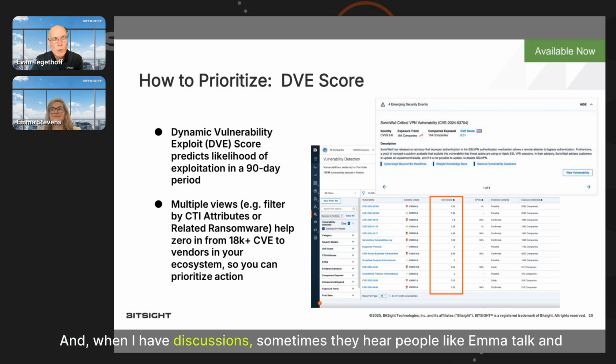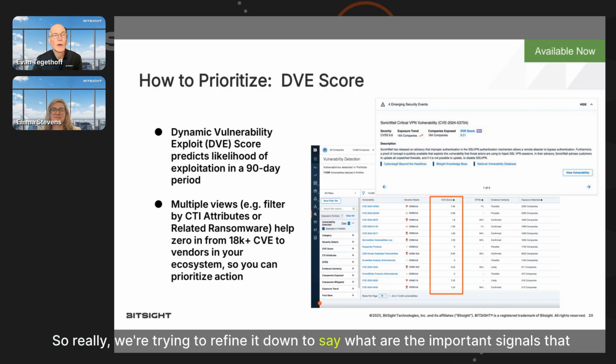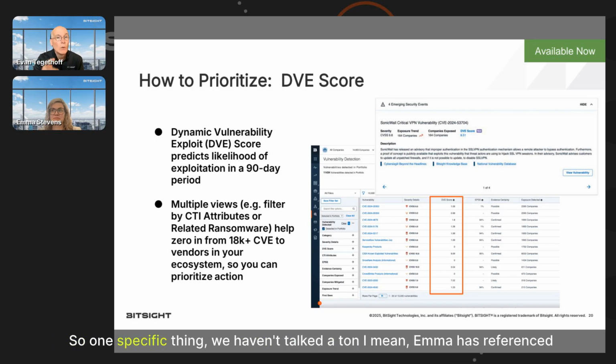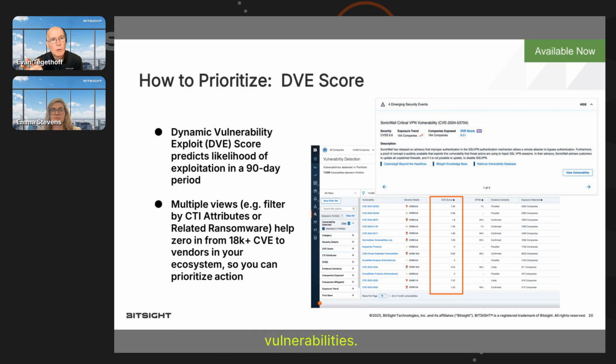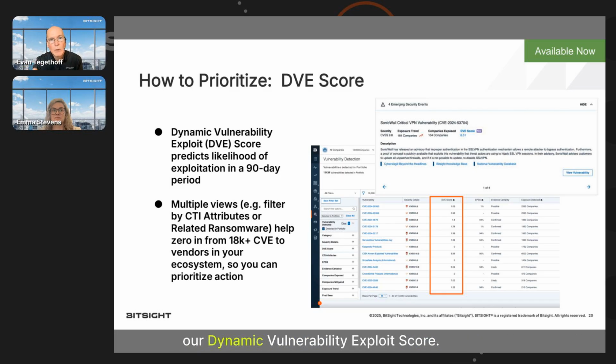And when I have discussions, sometimes they hear people like Emma talk, and they're like, "Whoa, that's too much," and we get that. So really, we're trying to refine it down to say, what are the important signals that you have to act on? So one specific thing, we haven't talked a ton, I mean, Emma has referenced vulnerabilities, but one aspect that we're trying to bring to bear in the platform is something we call our dynamic vulnerability exploit score.